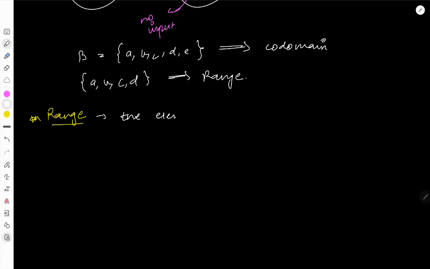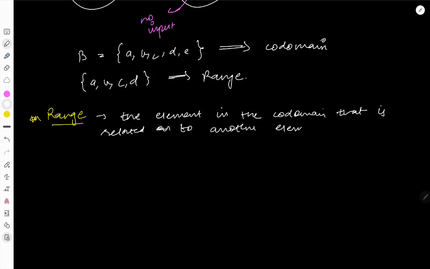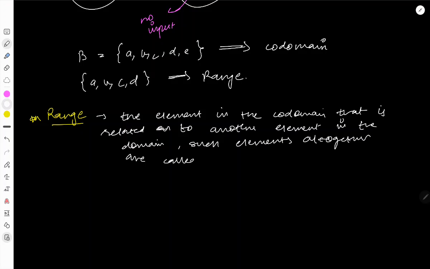The elements in the codomain that are related to an element in the domain, such elements altogether are called range collectively.